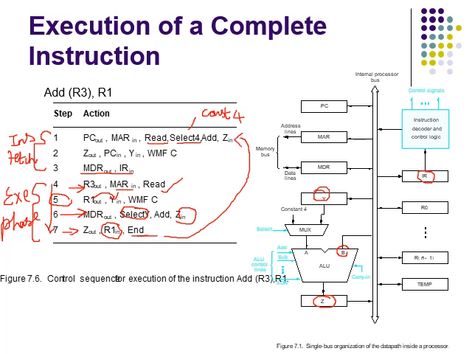So this discussion accounts for all control signals in figure 7.6 except Y in step 2. There is no need to copy the updated content of PC into register Y when executing the add instruction, but in a branch instruction the updated value of PC is needed to compute the branch target address.